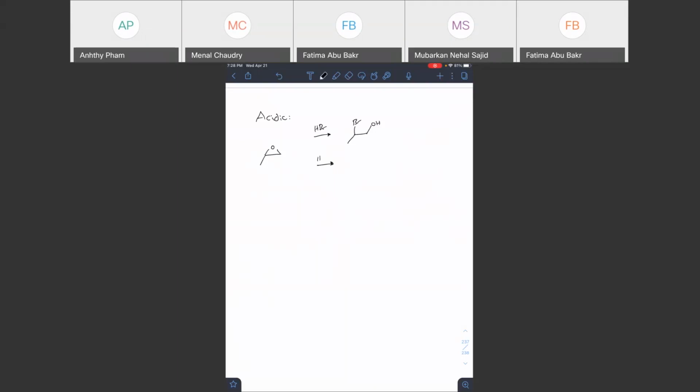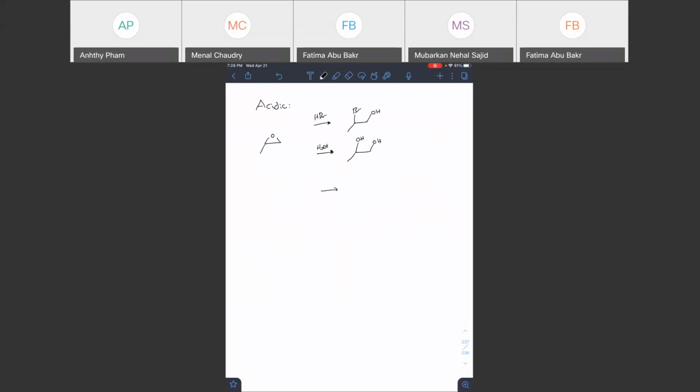Then we have H3O plus. H3O plus would just be the addition of an OH. So we get an OH. Clearly this is going to be the new OH, but that's besides the point. We get 2 OHs in that spot. And then there would be the addition. In this case, this is a phenol with an alcohol.